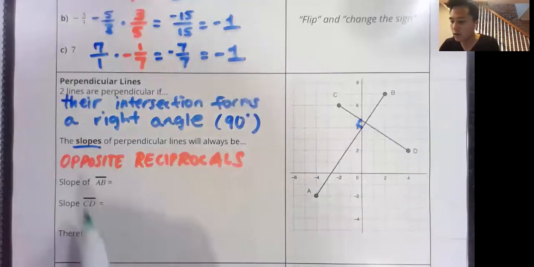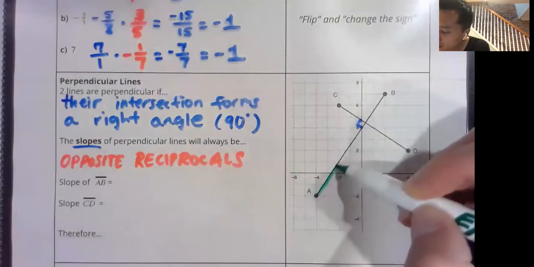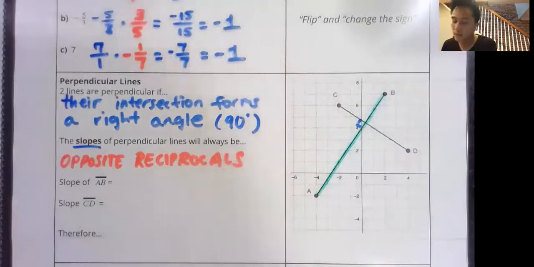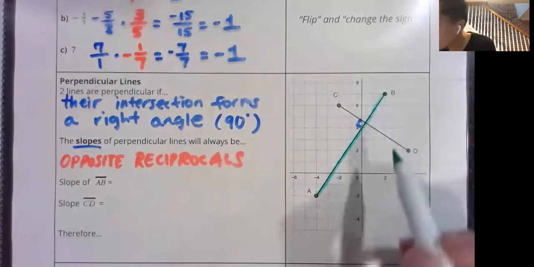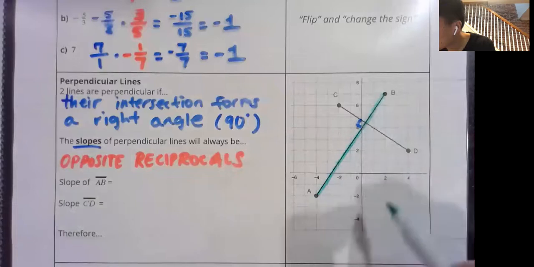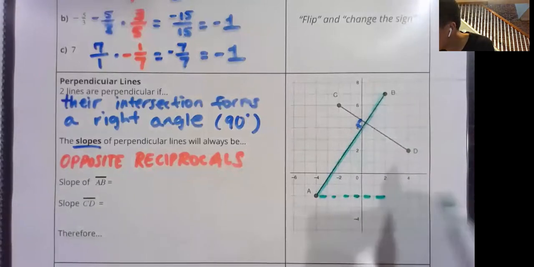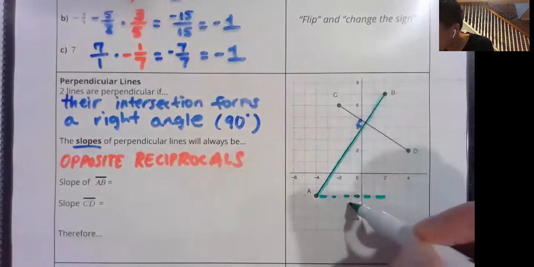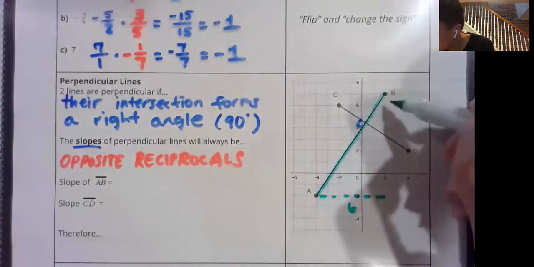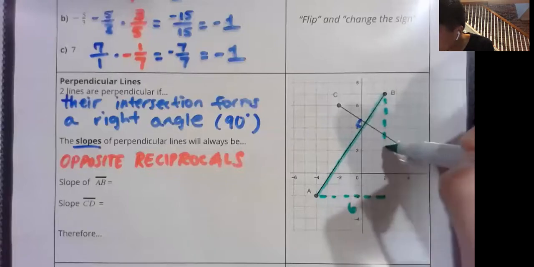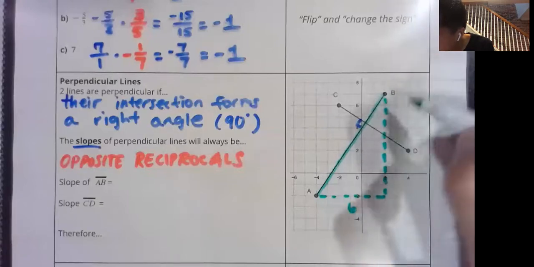We have the slope of AB. So that's here. You can make a slope triangle if that's helpful for you. So we're going 1, 2, 3, 4, 5, 6 is the change in x. Change in y is 1, 2, 3, 4, 5, 6, 7, 8, 9.